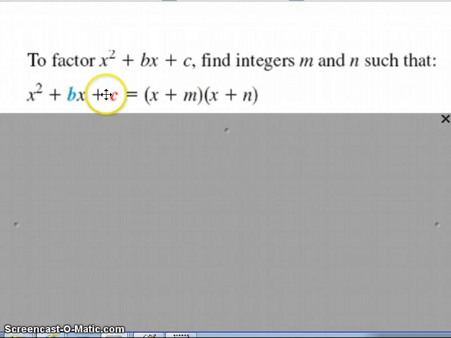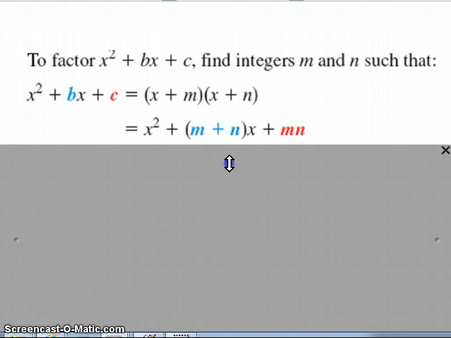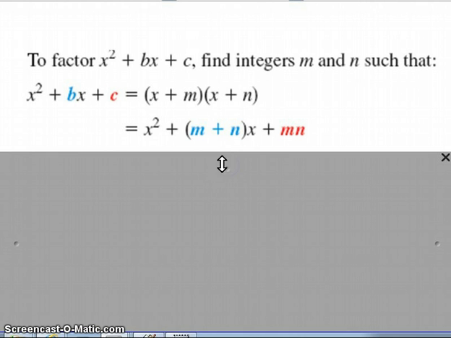The way to get from this trinomial to that set of binomials, as they say here, you need to find the numbers m and n that add up to make this blue term. So in other words, you've got to find two numbers that add up to make b, but also multiply, m times n, to make c. So c is the same as the two numbers when they're multiplied. B is the same as the two numbers when they're added together.